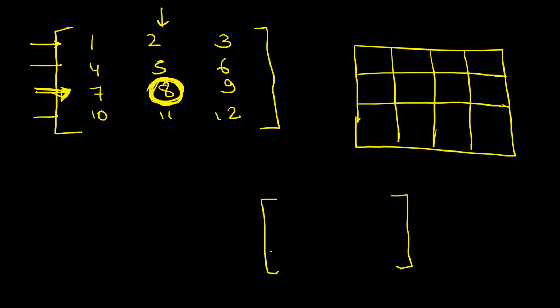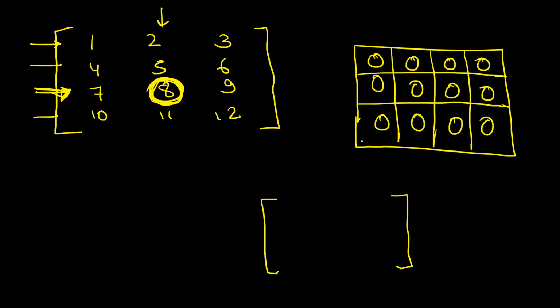Whenever you make a 2-dimensional array, by default, all the elements will be 0. So all the elements in all the 3 rows and 4 columns will be initialized with 0.